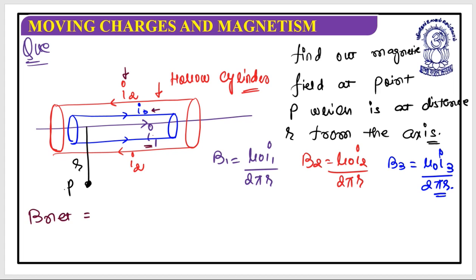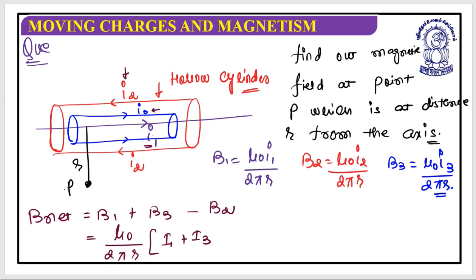So I need to add these two, B1 plus B3. Let's assume this is positive, and I need to subtract B2. So that should be written as mu naught divided by 2 pi r into bracket I1 plus I3 minus I2.